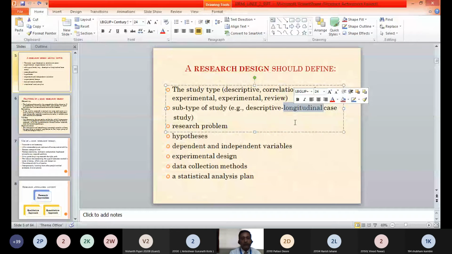There is another type, called a cross-sectional study. Cross-sectional means the study is conducted at one point of time only. It is not repeated. Getting it? Okay, sir. Thank you, sir. So that is the basic meaning of longitudinal and cross-sectional study.